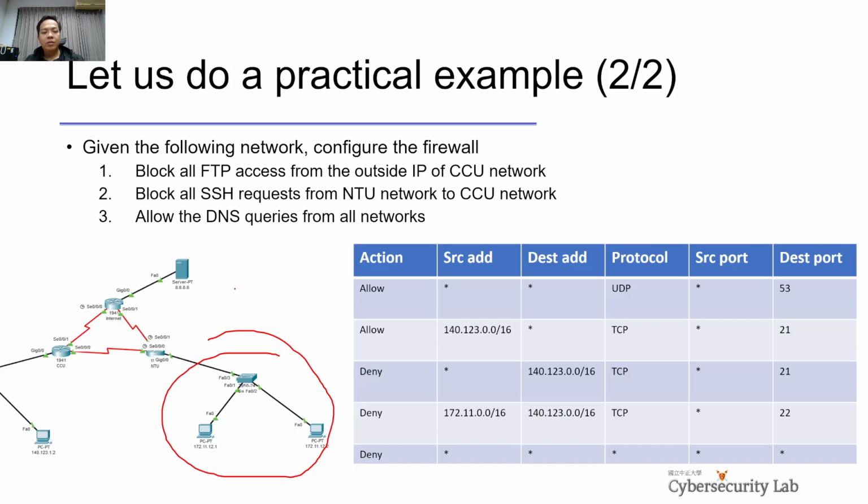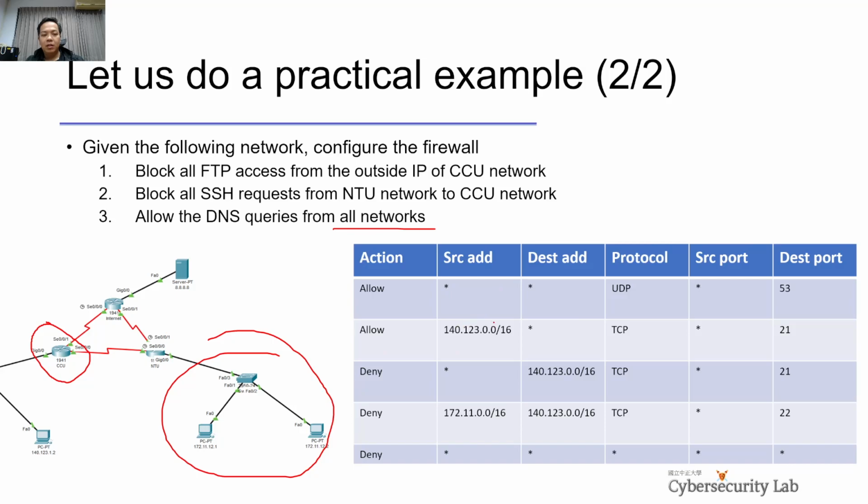Over here we create the rules with allow first, or permit first, deny later. First is allow DNS request, right? So we can insert the source for all the networks. Over here you can place this firewall rule in the CCU, or you can apply it in the NTU.